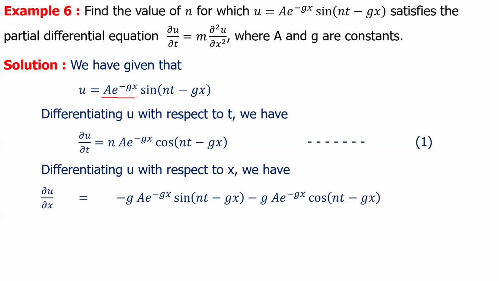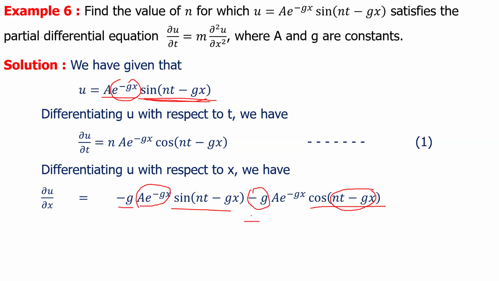The derivative of e to the power minus gx is minus g e to the power minus gx, times sin of (nt minus gx), plus the derivative of sin, which is cos of (nt minus gx), and nt minus gx with respect to x is 0 minus g. So we have written minus g over here.